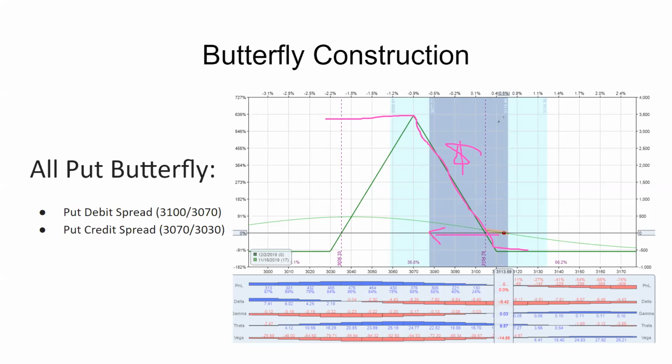And then the credit spread here is only used to offset some of the cost associated with this debit spread.